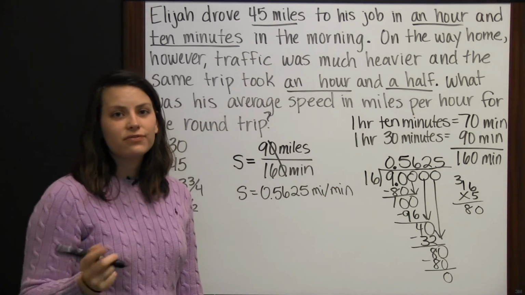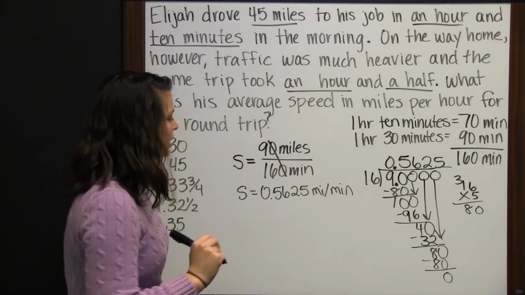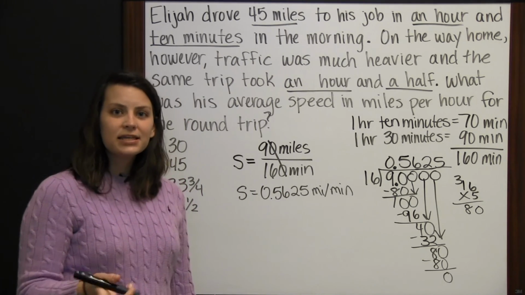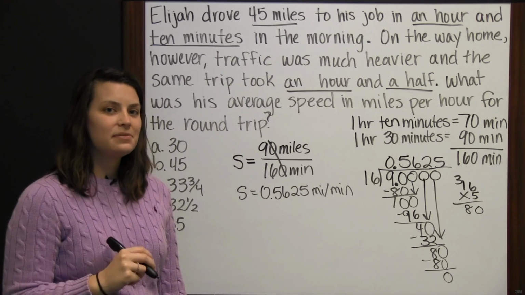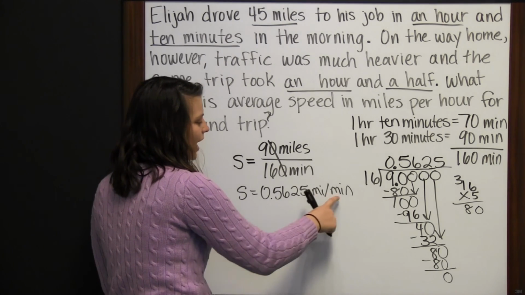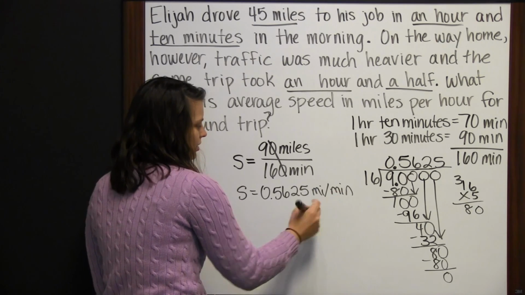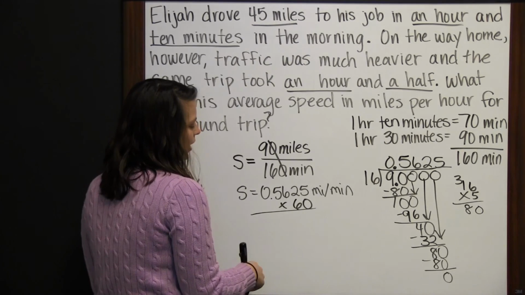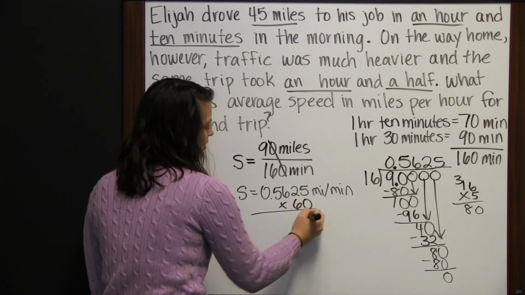So now I have to convert this speed into miles per hour by multiplying it by 60, since there are 60 minutes in 1 hour. So if he travels this speed every minute, then we multiply by 60 to find the speed in miles per hour. So first start with your 0 placeholder.